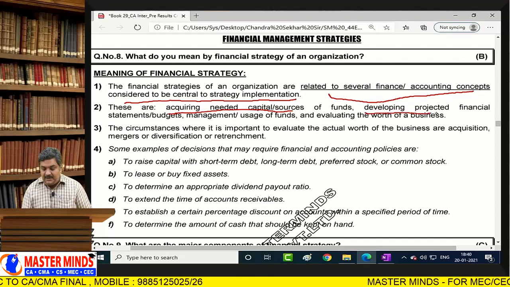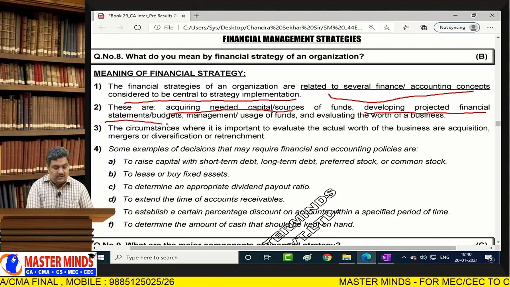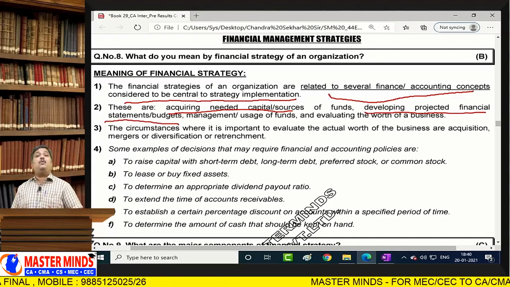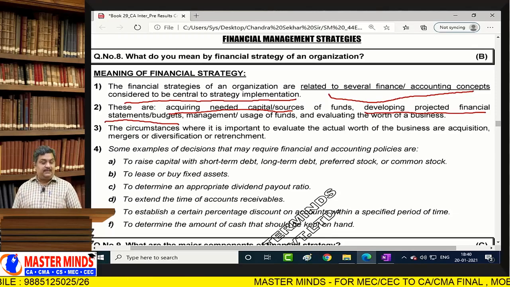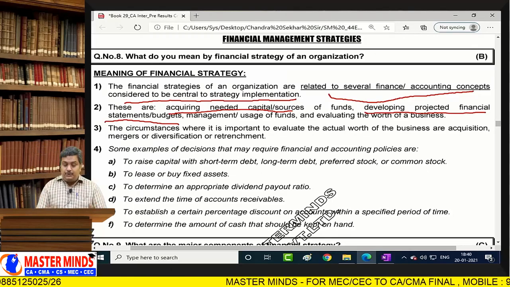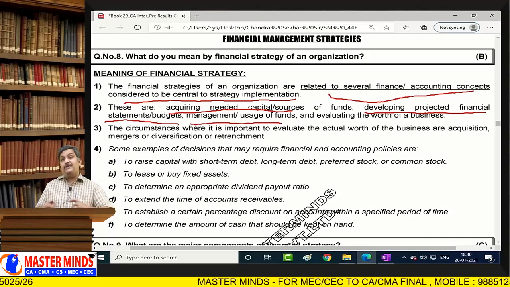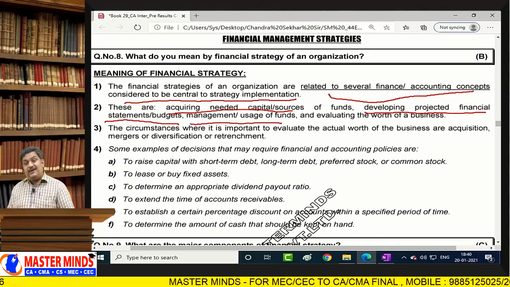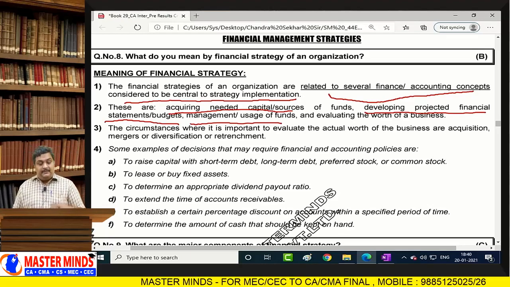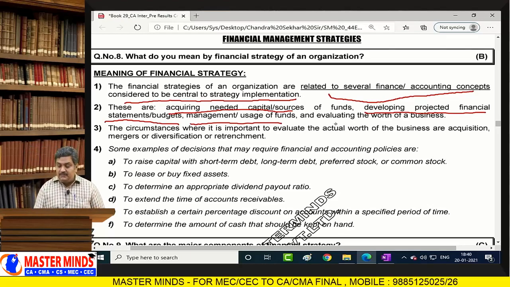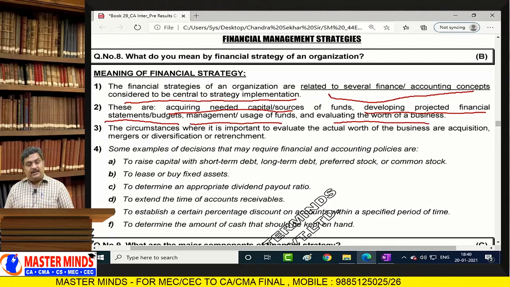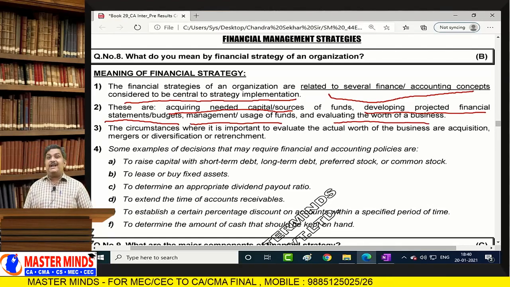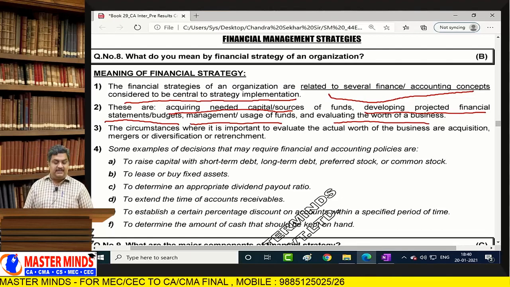And second one, developing projected financial statements or budgets. That means how are we going to spend the money? You need to have a plan for that. And how you utilize your funds, how you apply your funds, how you invest your funds. And evaluating the worth of a business. So these are the major areas of financial strategy of an organization.